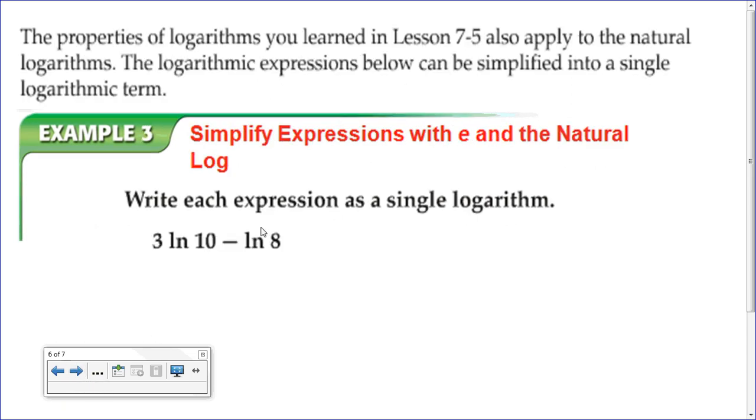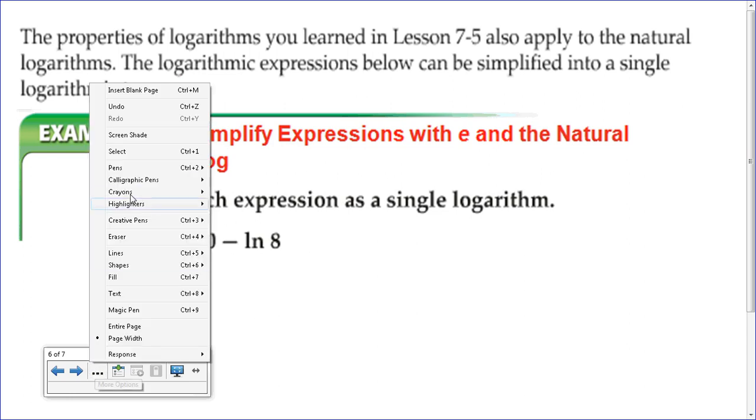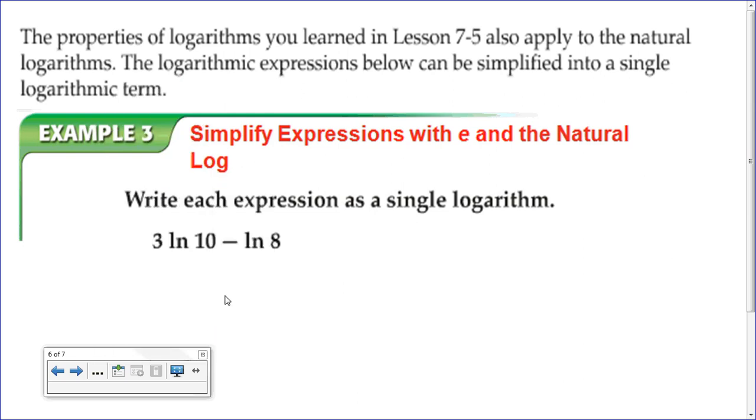Now the second section, we're going to apply the properties we learned in lesson 7.5 to simplify expressions that contain e. Step one, what I need to do first is realize that that 3 is actually a power on the 10. So this is equal to the natural log of 10 to the third minus the natural log of 8. And recall, subtraction within logarithms actually means division. So this is the natural log of 10 to the third over 8.